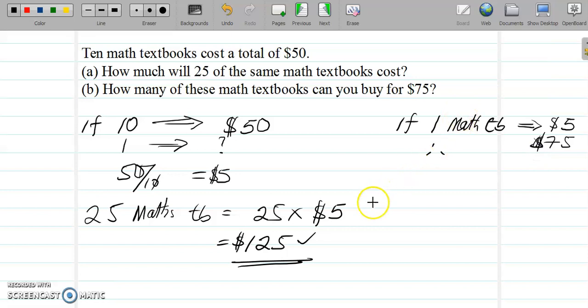How many will cost $75? We have $75 multiplied by one math textbook divided by $5.